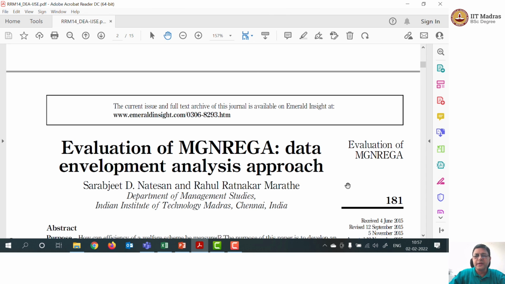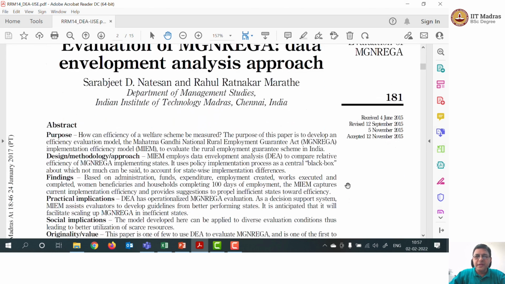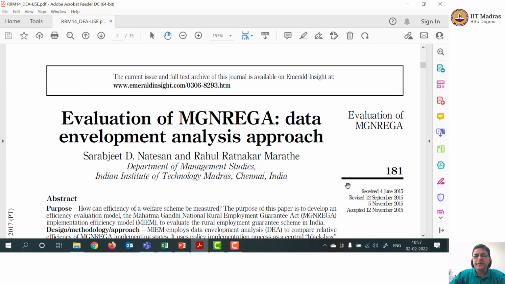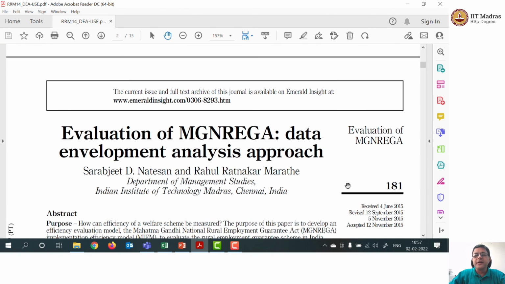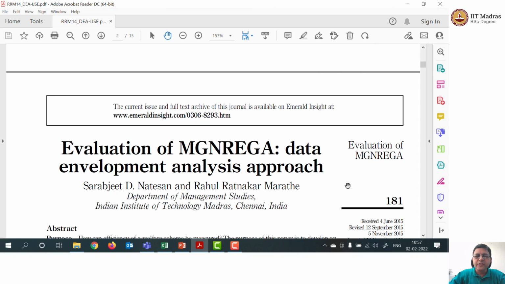This was all done using publicly available data, and we used DEA and found out which states are efficient, which states are non-efficient. More importantly, we were able to have policy prescription for states that were found to be inefficient, and we were able to tell them what they should be doing so that they can also be called as efficient states implementing Manrega.